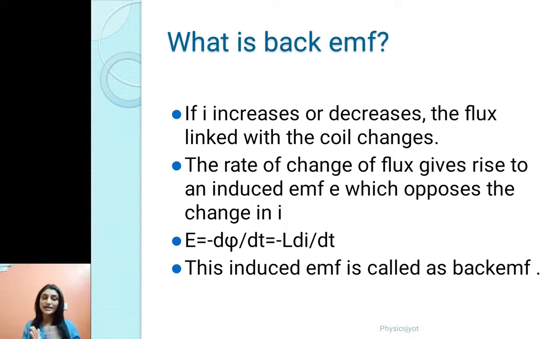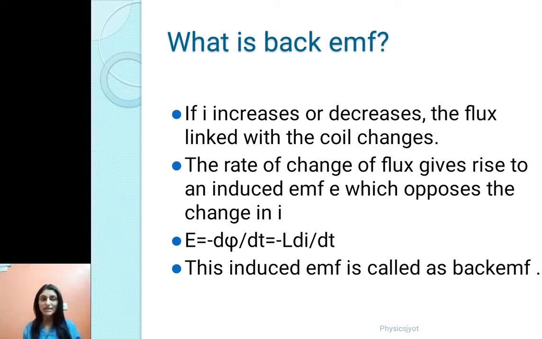If current increases or decreases, then the flux linked with the coil also changes. The rate of change of flux gives rise to an induced EMF E, and this induced EMF opposes the change in current I. This induced EMF E is called the back EMF.